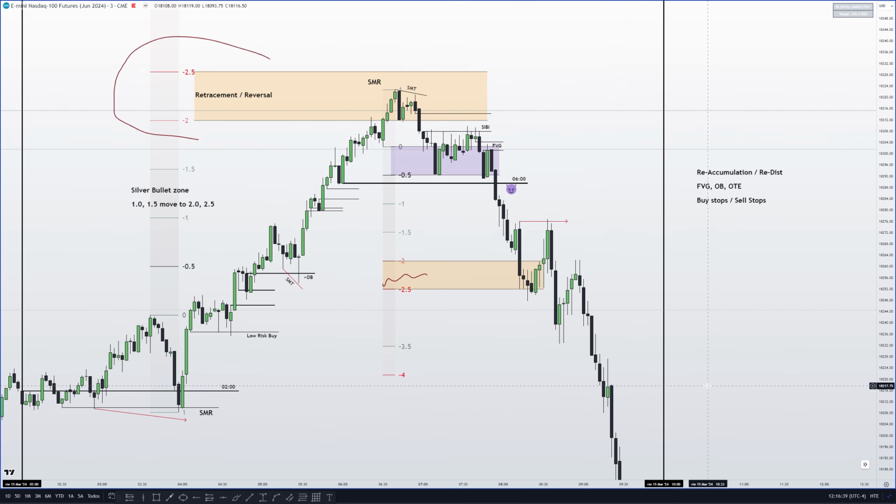Buy stops, buy side liquidity or sell side liquidity, exactly. So, at the same time, when you have this buy side liquidity or sell side liquidity in other correlation market, what do you see or what do you find with the correlation market?